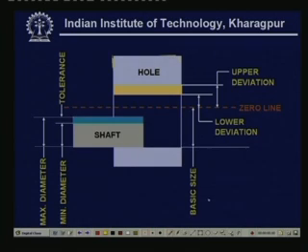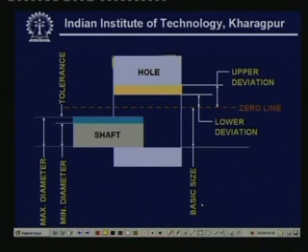Any mating parts, just like a hole and a shaft, are considered in this manner. That means any machine elements having mating parts are normally, while describing limits and fits, referred to as shaft and hole.